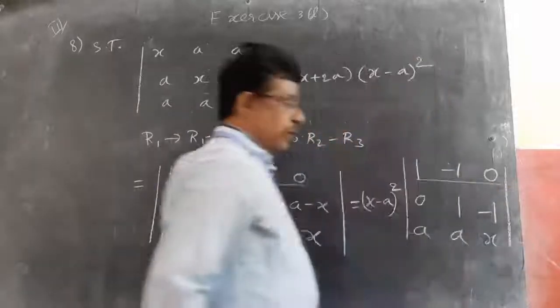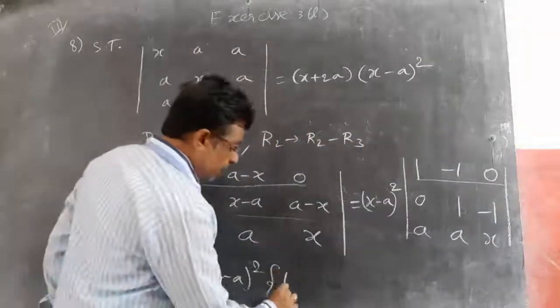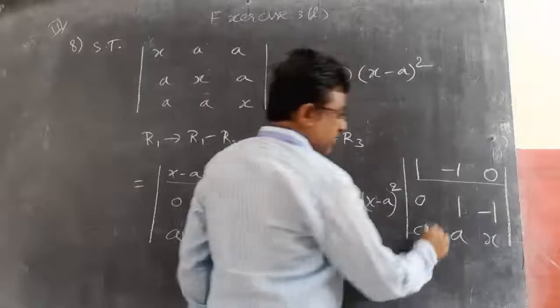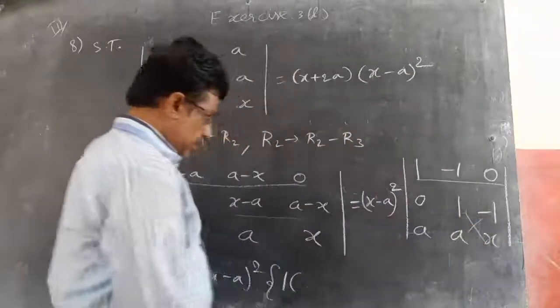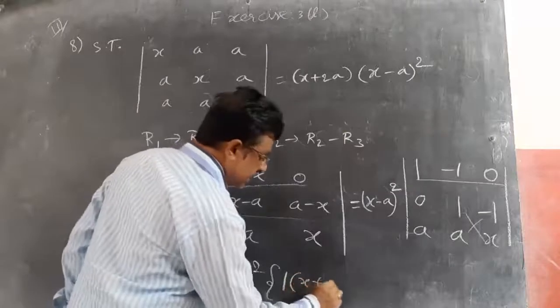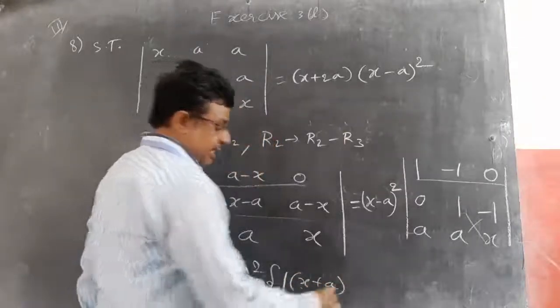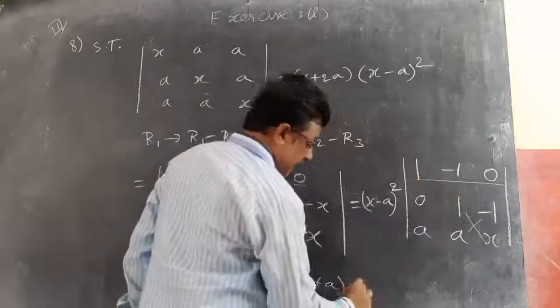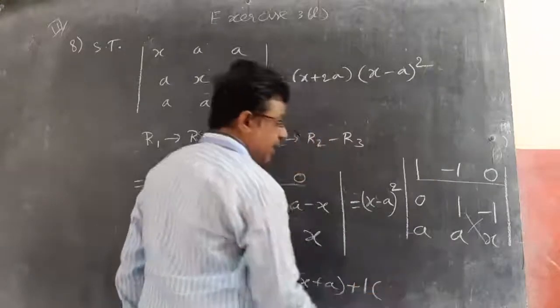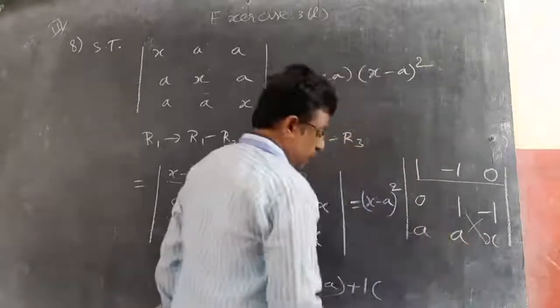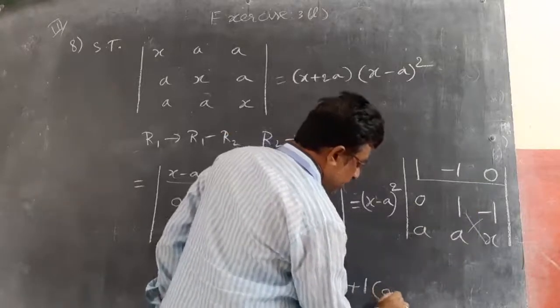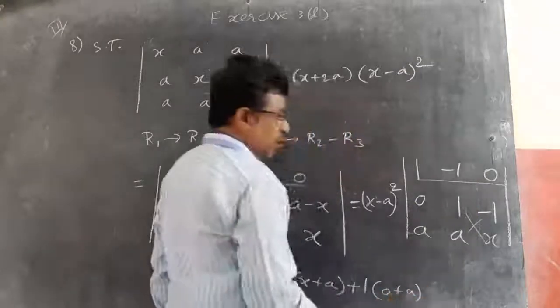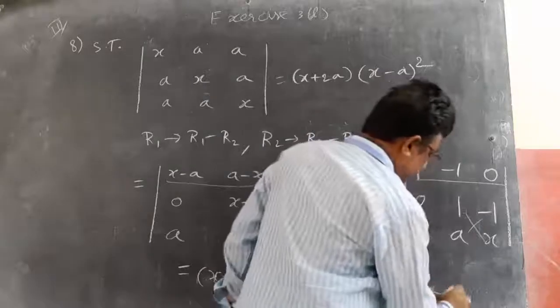With first row I told. So 1 into, excluding first row first column, this into this: x minus of minus a plus a, x plus a. Next one is minus of minus again plus 1 into its minus. So x into 0, 0 minus of minus plus a, 0 plus a. Next plus 0 into anything 0.